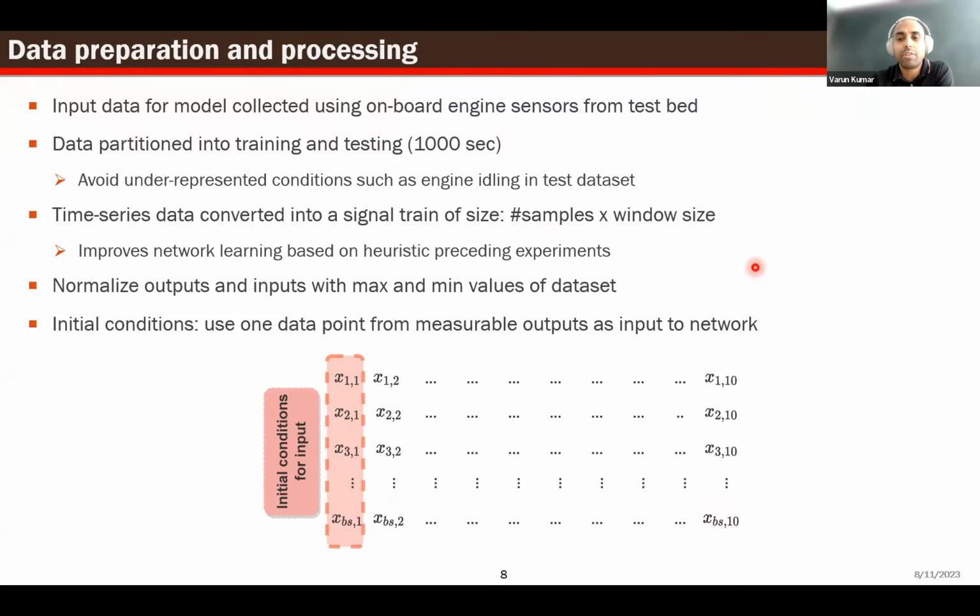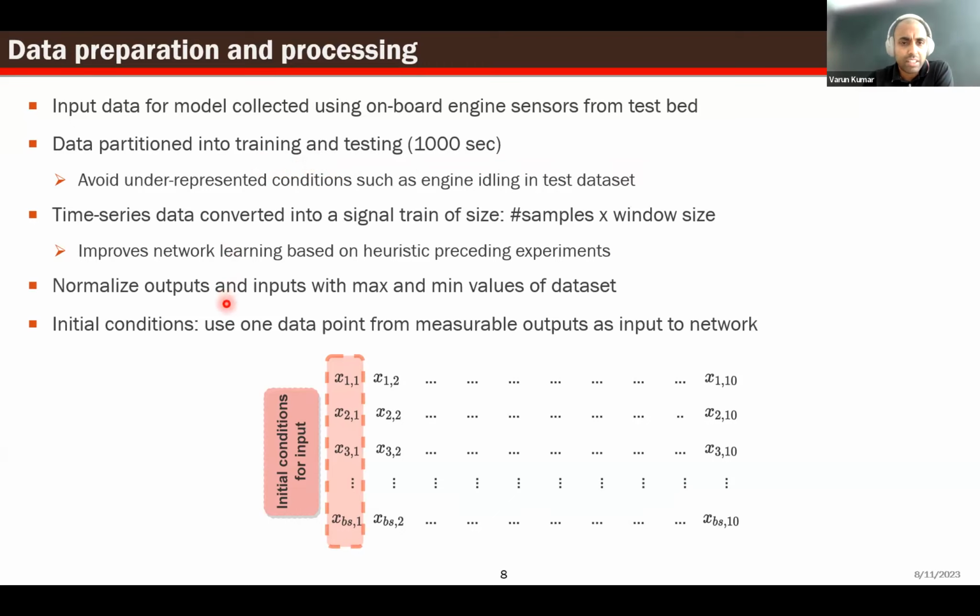We determined this based on trial and error, so we arranged the data in a matrix format. We also partitioned the data into training and testing sets. For testing, we select a 1000 second long section from the data, while we use the remaining data for training.